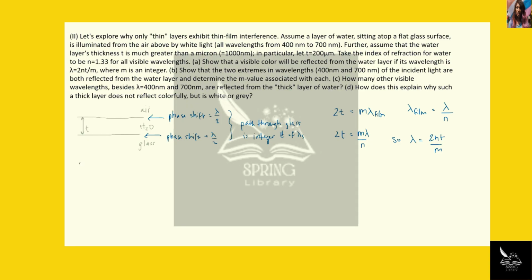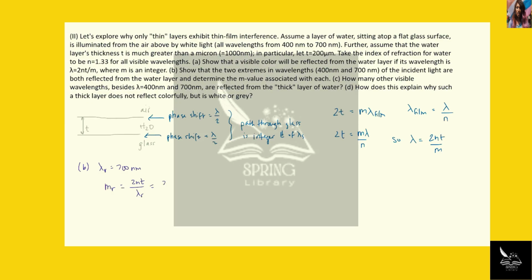So for our red wavelength of 700 nanometers, let's calculate m for it. I multiplied both sides of that equation by m and divided by lambda, so that we have 2nt divided by lambda r.